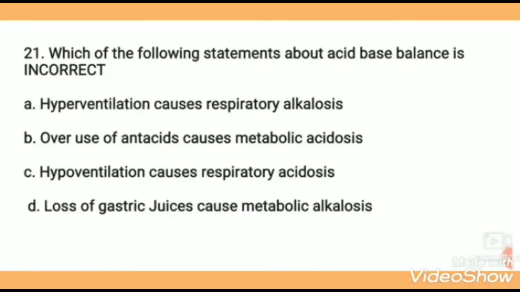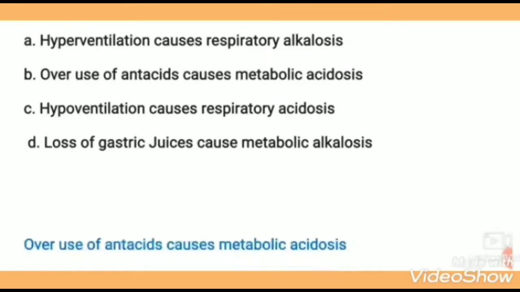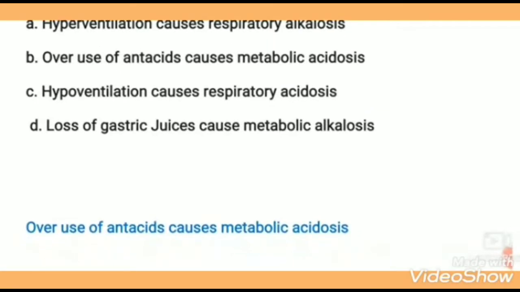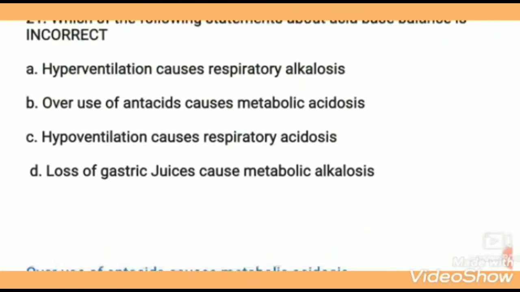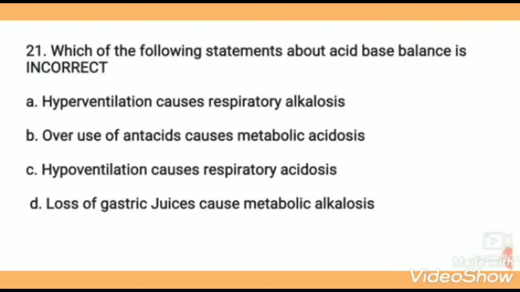So, the correct answer, the incorrect statement about acid-base balance is overuse of antacids causes metabolic acidosis. This is because antacids are a class of medicine that neutralize acid in the stomach to make pH more neutral.